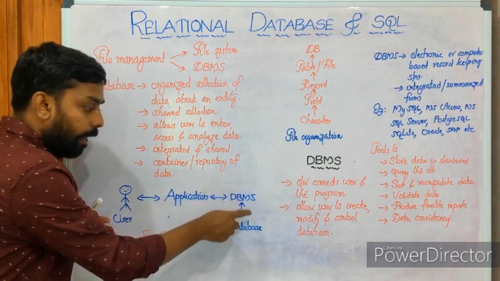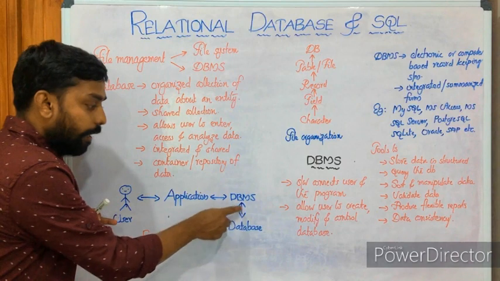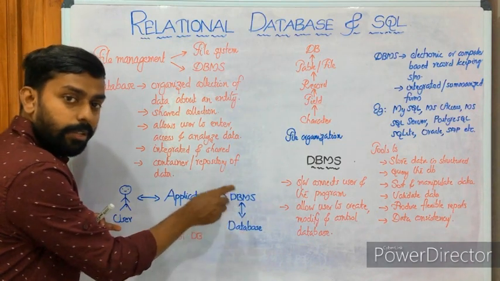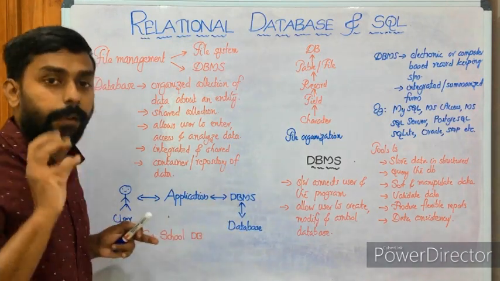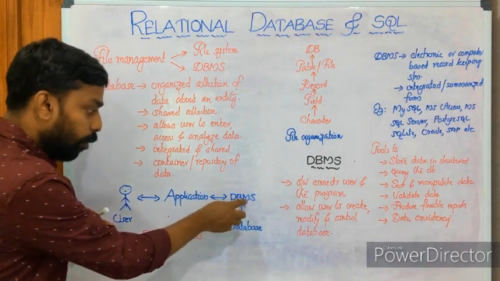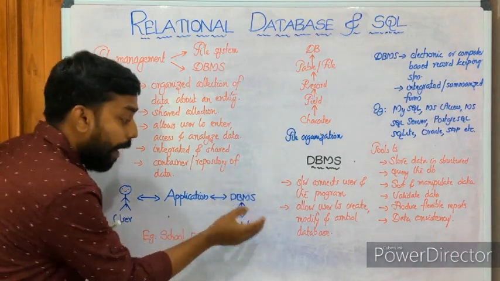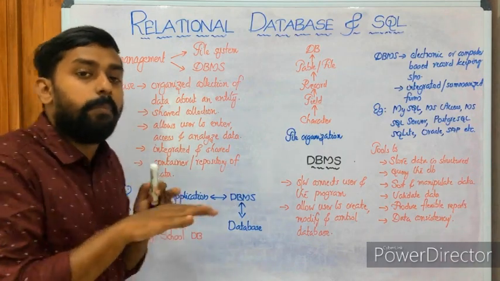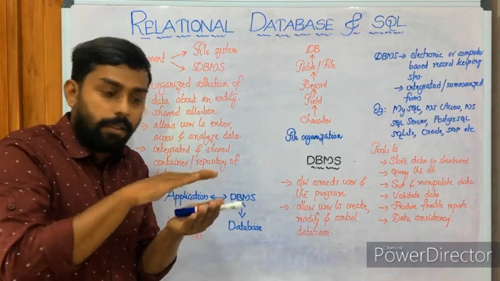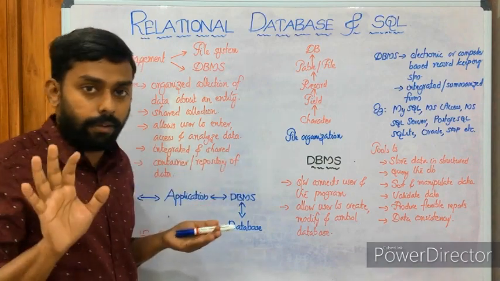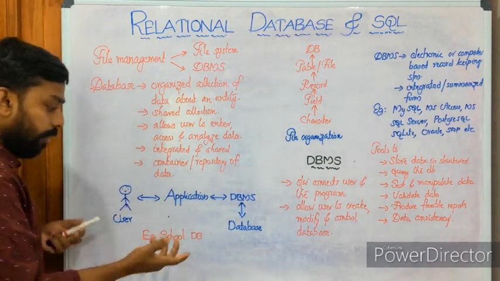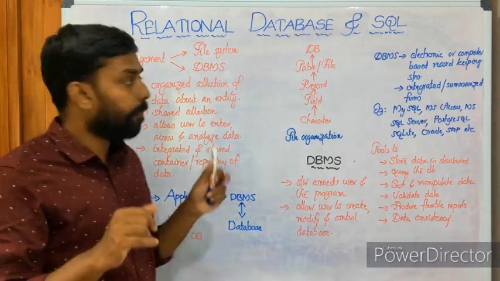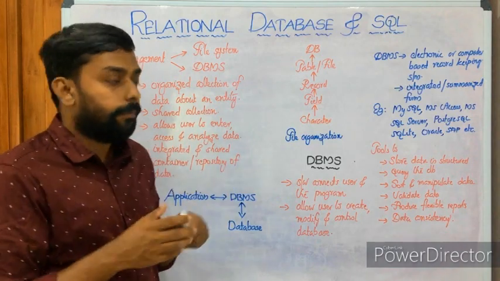It has both the database management system and the database. Through the database management system, we manage the hardware, the exact database. The database is simply the place, the hard disk, where we store the data. Example: school database. So this is the basic idea of a database.